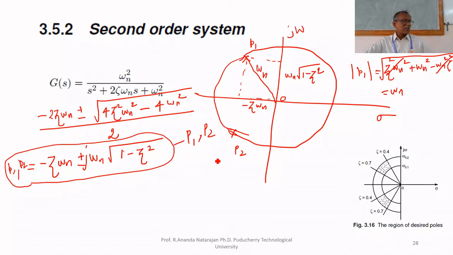Am I correct or not? So this circle is called constant omega n circle, or constant time constant circle, because 1 by omega n is time constant.